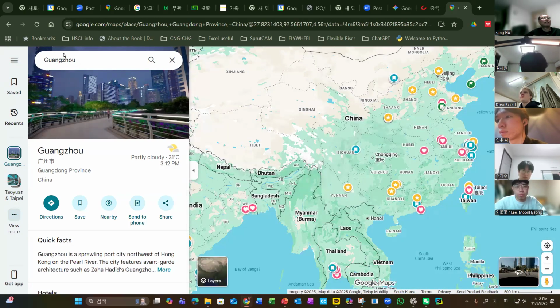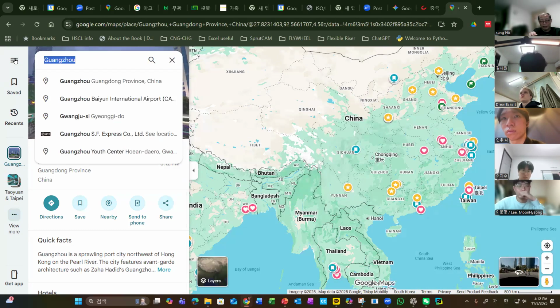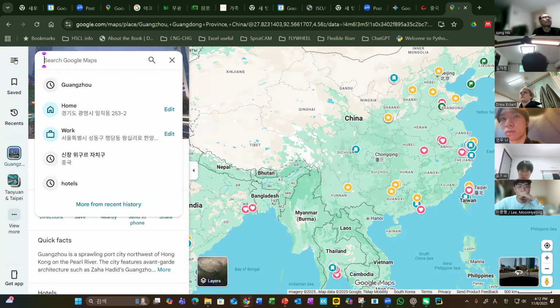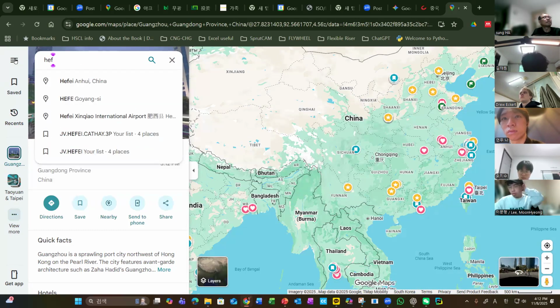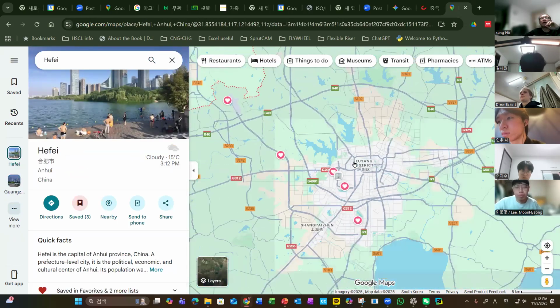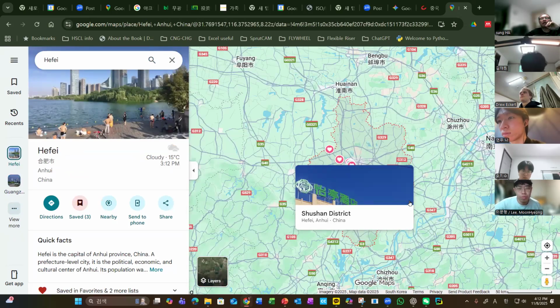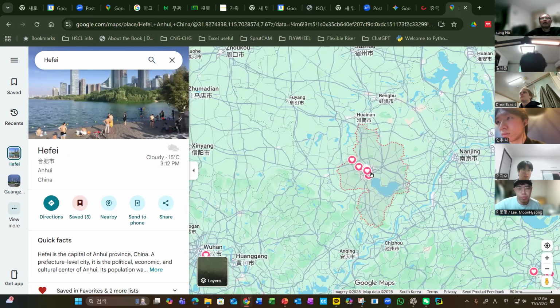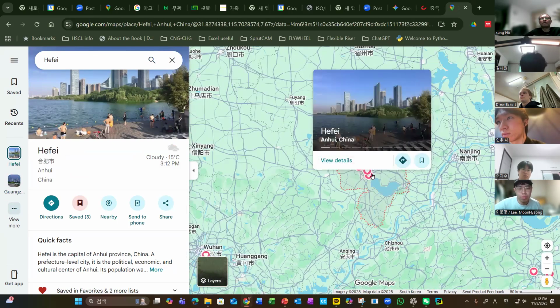And the other one is Hefei. Hefei is here, also another city with a lot of new technology.